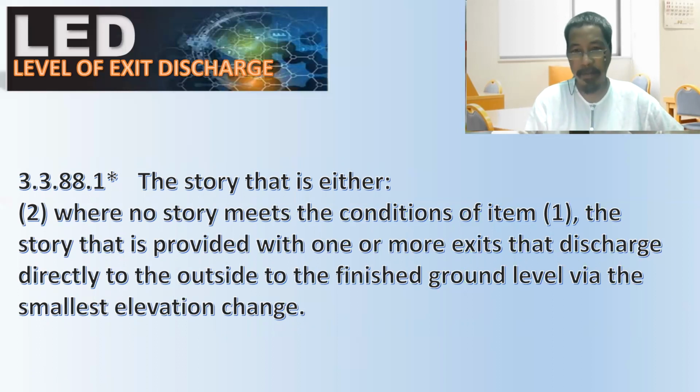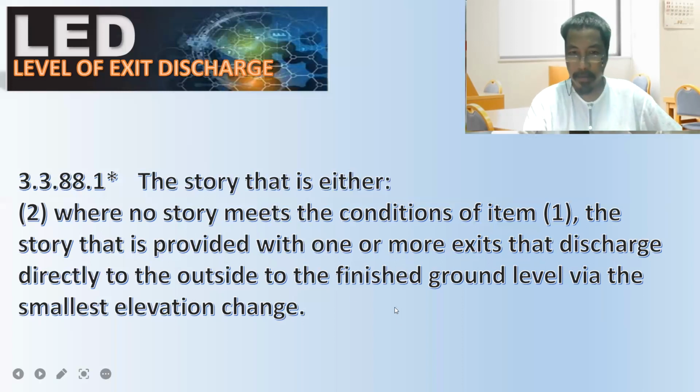Okay. Less than 50%, it is not satisfied. But because there are no other floors that satisfy the condition of item number 1, we can use item number 2. Let us look for the floor with the smallest elevation change from the finished ground level.